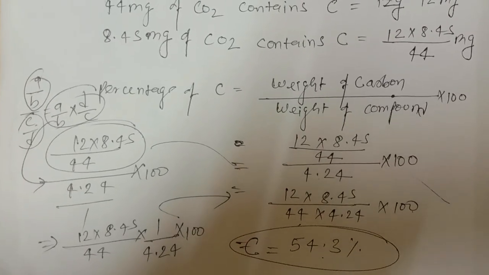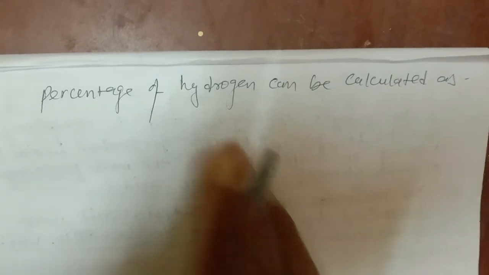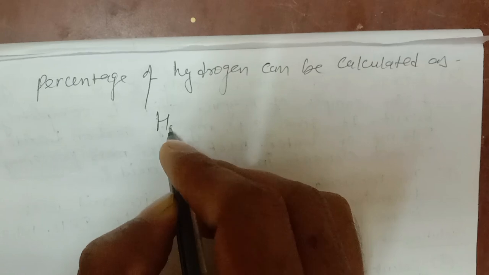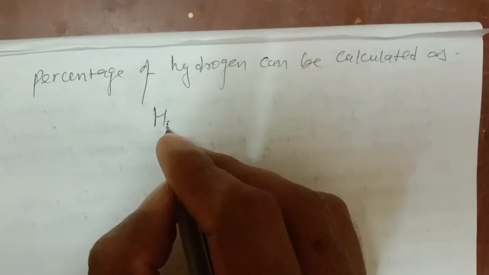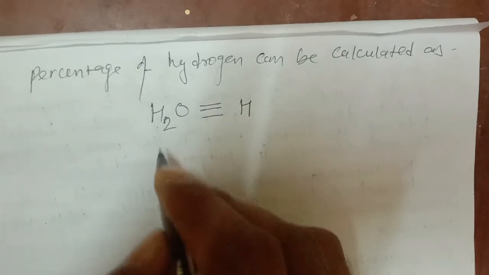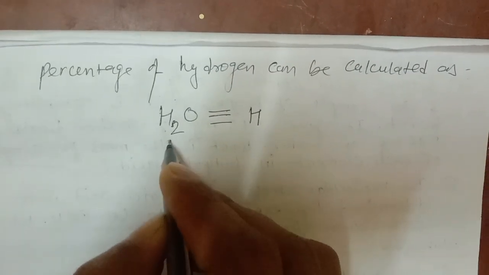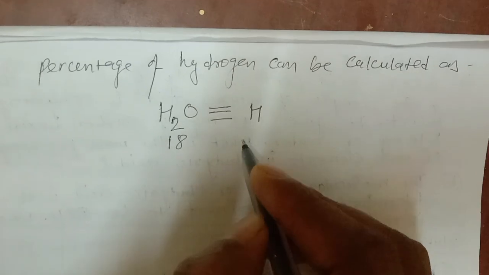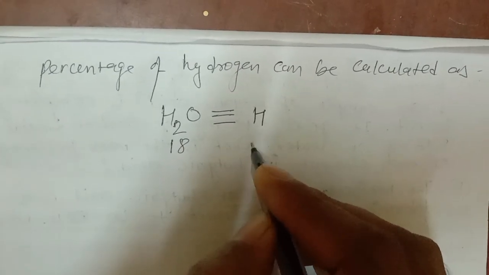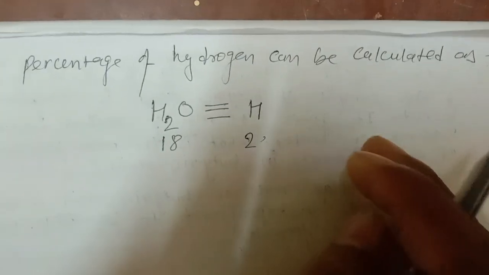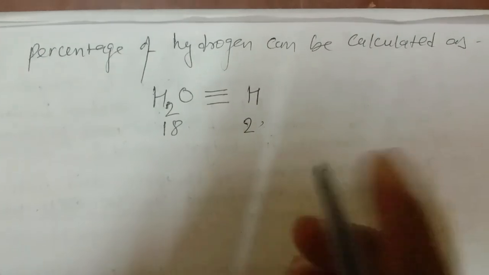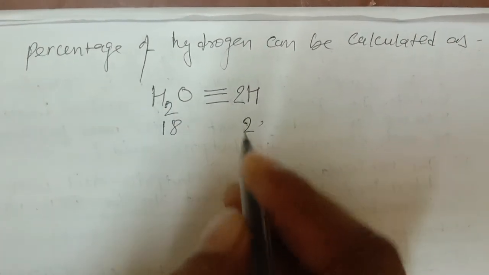Percentage of hydrogen can be calculated as follows. When butyric acid is burnt it gives carbon dioxide and water. How much hydrogen is there in water? The molecular mass of water is 18 gram, and out of the 18 gram, 2 gram is hydrogen, since 2 hydrogen atoms are present in a water molecule.